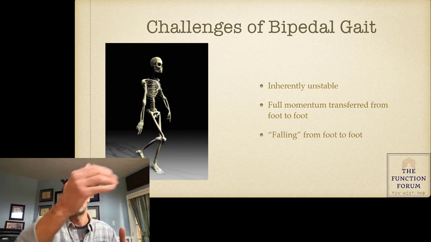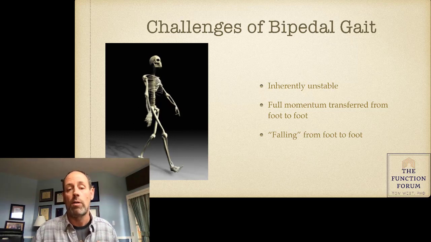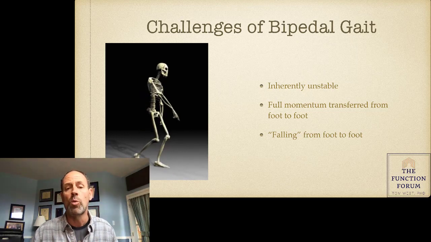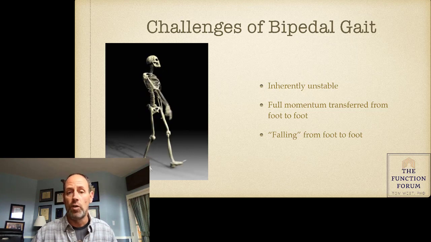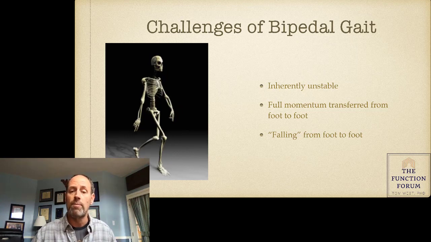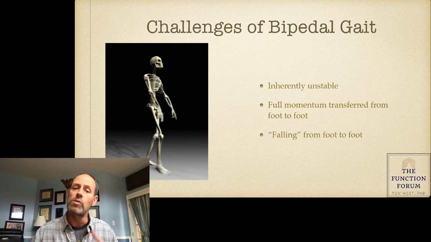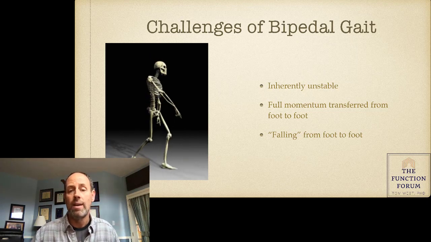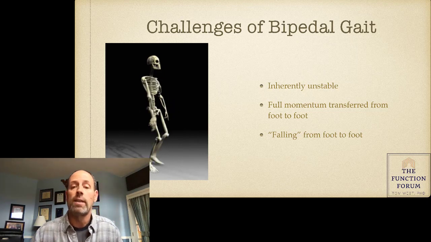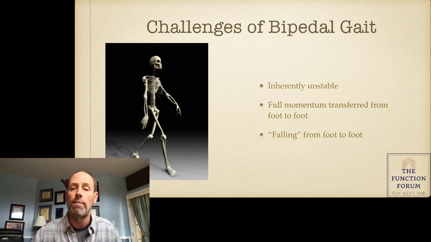Then we do the same, and we again catch that body weight with our other foot, and so on. So we're constantly transferring our full momentum from one foot to another. And that takes quite a bit of coordination and strength. So again, there are certainly some challenges of bipedal gait, but there are advantages as well.